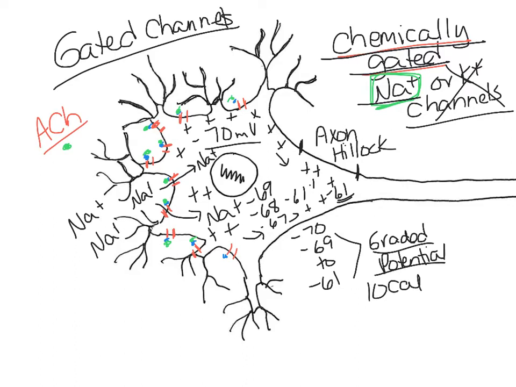It's not going to go any farther. And it's temporary. It's not going to create anything else because there's not enough acetylcholine, not enough gates open, not enough positive charges moving in. So it's local and it's temporary.